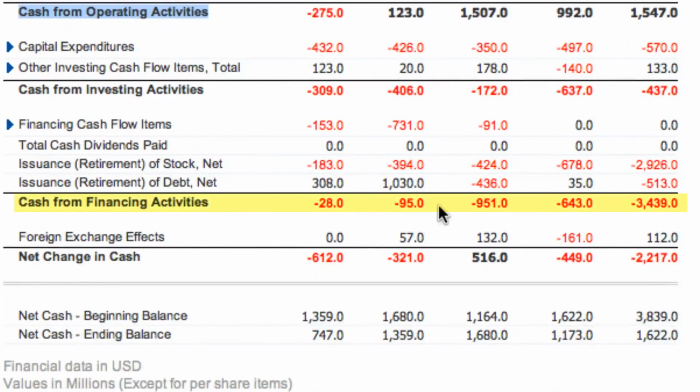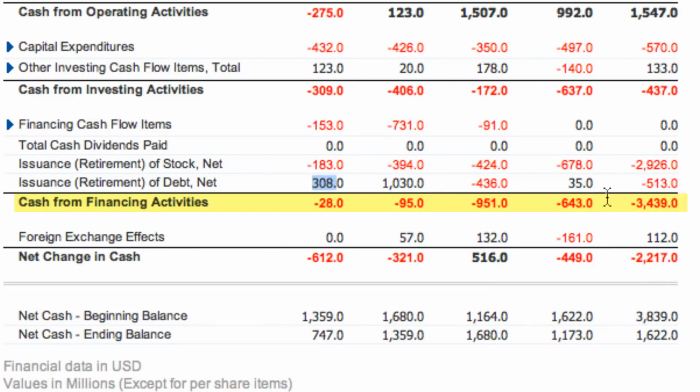Now, when we go down to the financing activity, you'll see that back in 2008, they were actually buying a lot of stock back, and then that slowly started to decline, and they're actually incurring debt at this point. There's $1 billion of debt. There's $0.3 billion of debt that they're taking on.